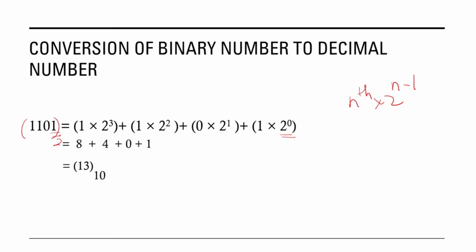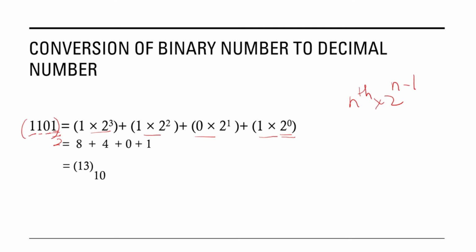So 1101 to the base 2 is nothing but 1 into 2 raised to 3 plus 1 into 2 raised to 2 plus 0 into 2 raised to 1 plus 1 into 2 raised to 0. We know that 1 into 2 raised to 3 is 8, 1 into 2 raised to 2 is 4, 0 into 2 raised to 1 is 0, and 1 into 2 raised to 0 is 1.